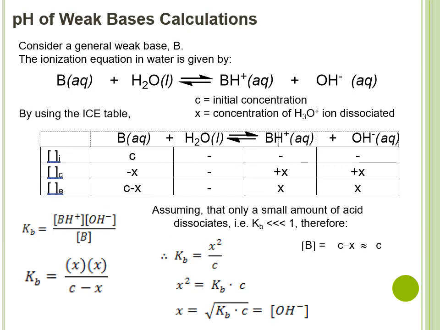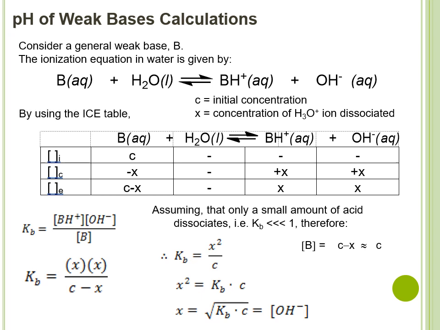How do we find the concentration of weak acid? First, we write the ionization equation. We can see here HA dissociates partially in water to form H3O plus and A minus. Given C is initial concentration and X is concentration of H3O plus ion dissociated, we use an ICE table to get the concentration of initial, change, and equilibrium.